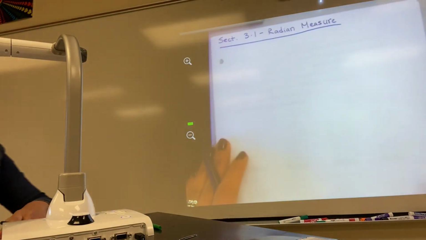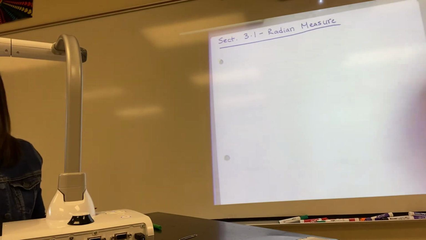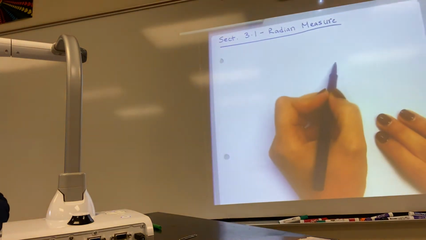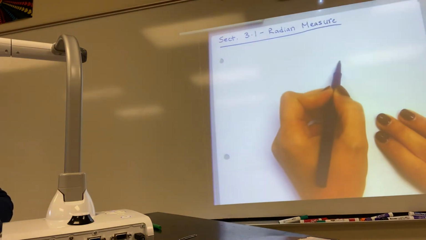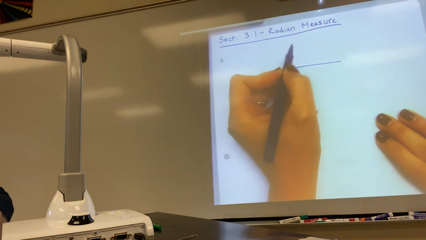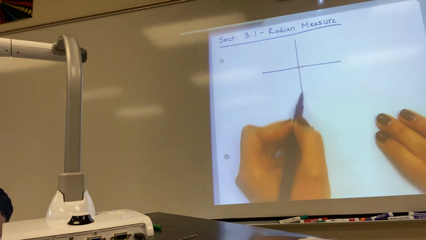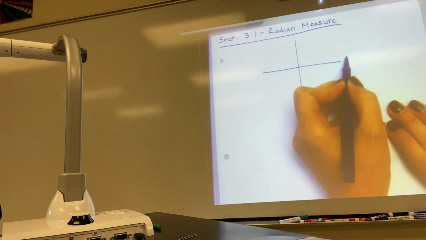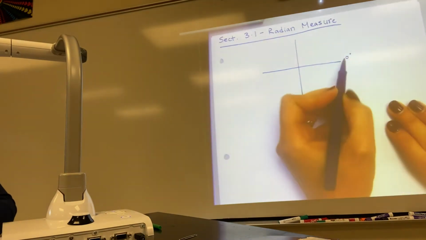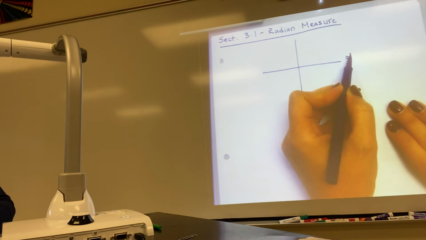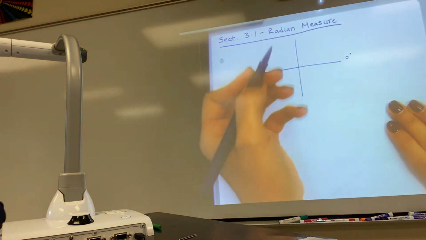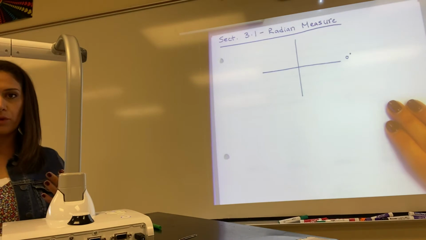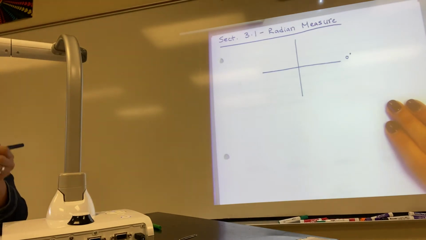Now looking at the x and y axes, in degrees we have 0 degrees. Every time I put this little circle symbol, it means I'm working in degrees. If I don't have that symbol, that means we are in radians.